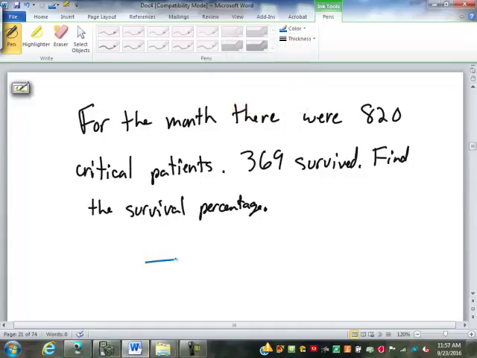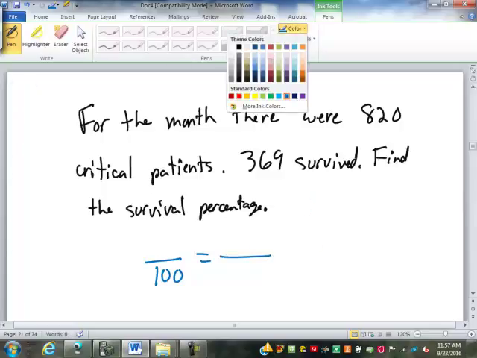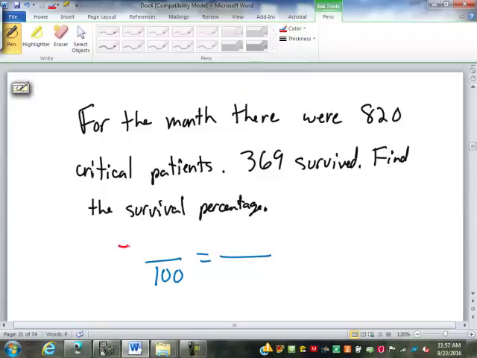So, we're looking for a percent, which is always out of 100. The percent that would be going up here would be the survival percentage is what we're looking at. So that is survival. So those are the ones that survive. The 100, of course, when we're talking about percents, 100 always represents the total. So this is like we were talking before.